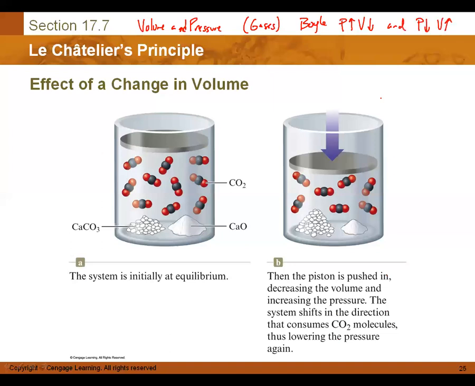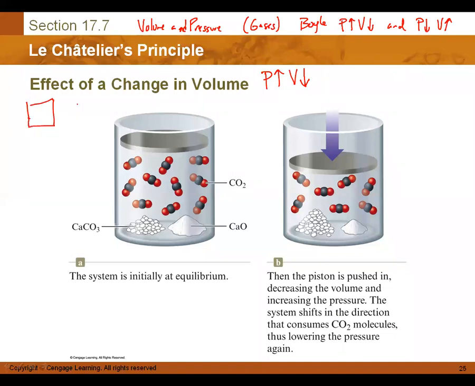So when we think about volume and pressure, oftentimes they are tied together. If we increase the pressure, that means the volume is going to go down. And that means there's a much smaller space for these gas molecules to fly around in.